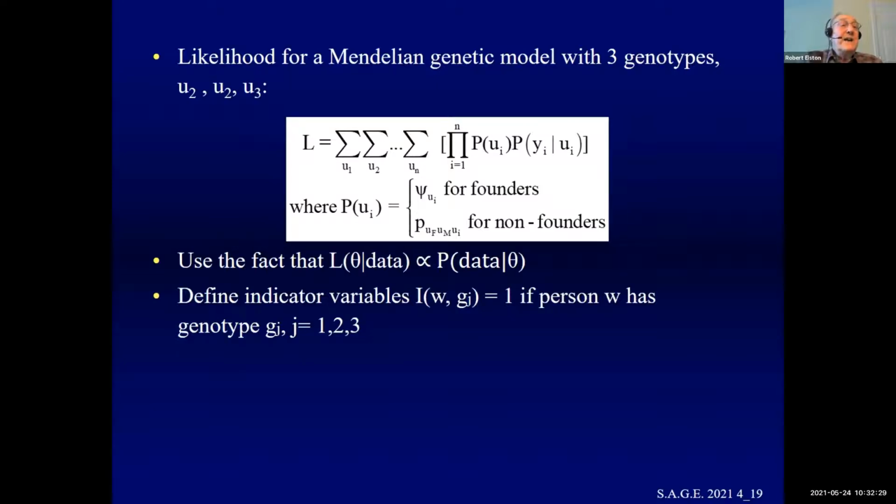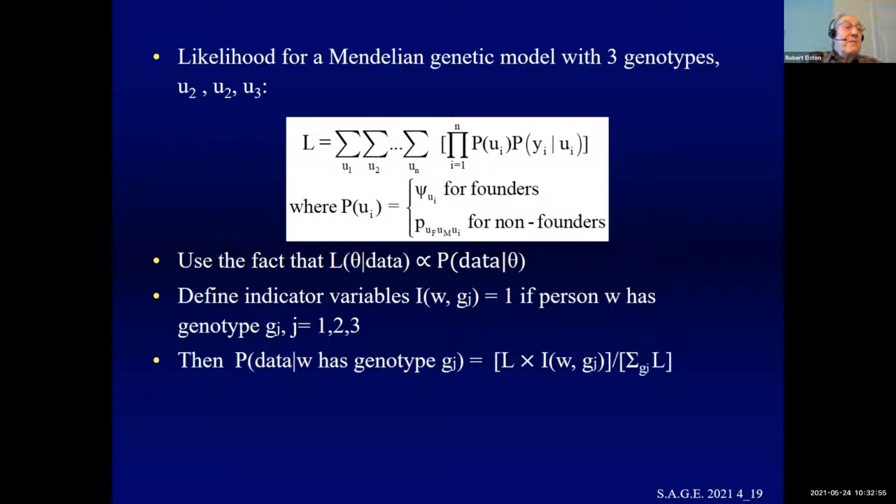So we define indicator variables. I'm not sure what version this slide is, but I did correct it once. So I_WGj is 1 if person W has genotype G_j. And in this case, we're assuming j goes from 1 to 3, because we're assuming 3 genotypes. Then the probability of the data given W has the genotype G_j is this.